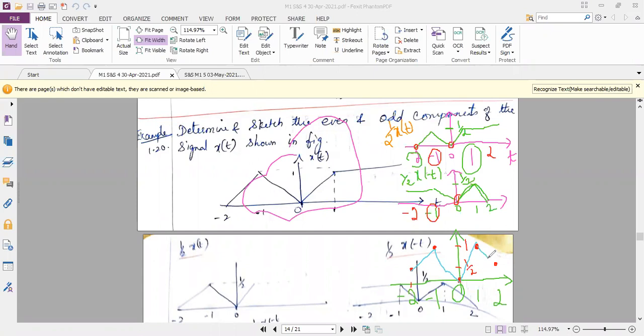So at each time you try to measure the amplitude and just mark it so that you can easily draw the final diagram. So final diagram you can see the final diagram is like this. The shape is like this. It is a triangle, but not even symmetrical triangle because the amplitudes are varying. So accordingly, the triangle amplitudes are varying.